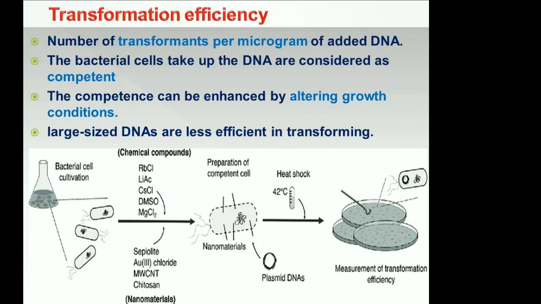Then it goes to heat shock at 42, in the range of 37 to 45 degrees Celsius, and these competent cells further grow on a particular medium. After growing, we can check the transformation efficiency for the same.